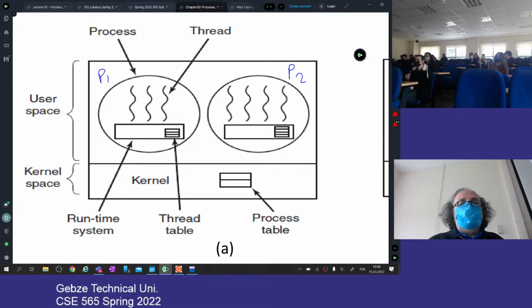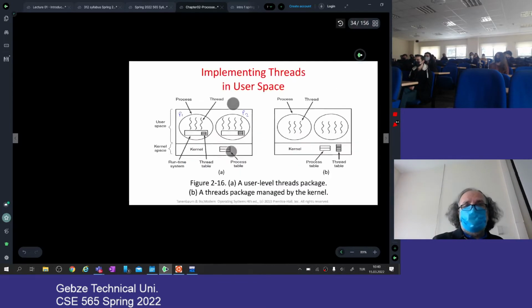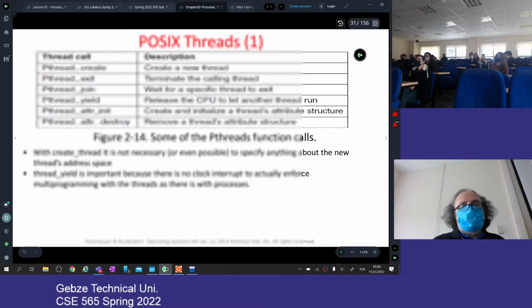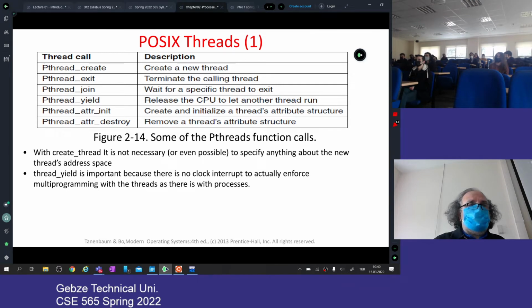When you implement your thread library, remember these functions. Of course, these are the functions to be implemented by somebody. Whoever has implemented this pthreads library, if they have implemented these functions without referring to the kernel at all, I am always in the user space.